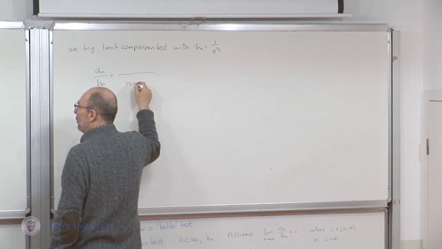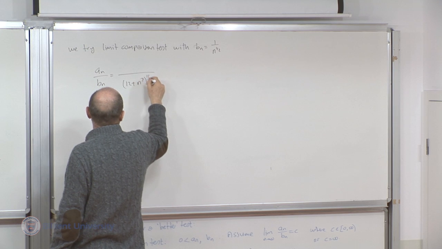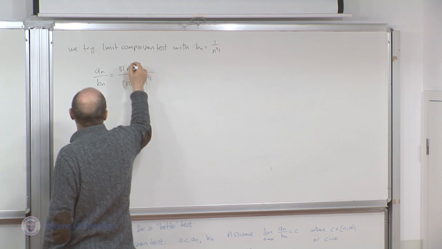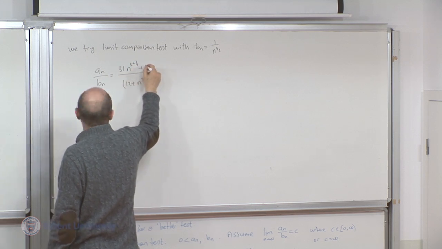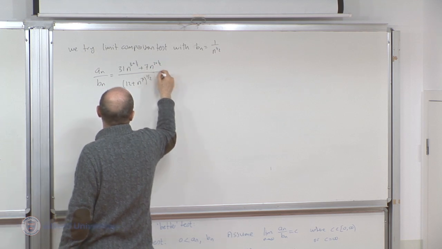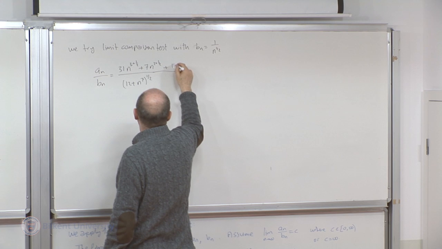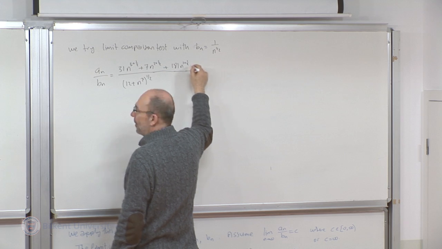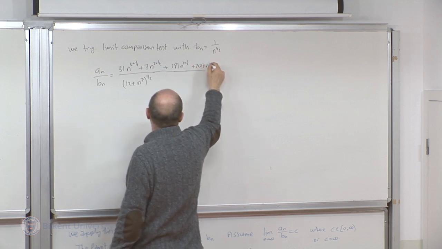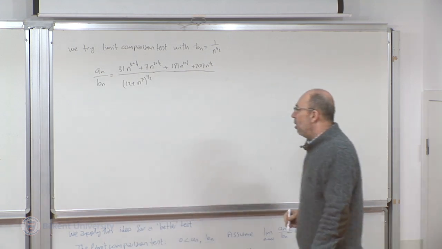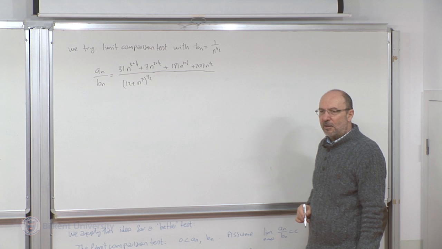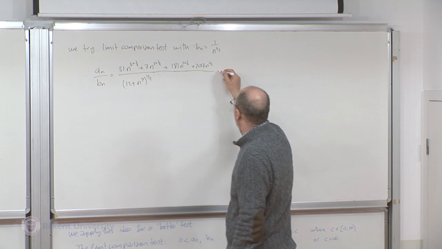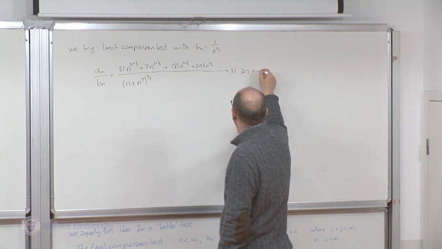This is square root of 12 plus n to the 7, and here we have 31 n to the 3 plus 1 over 2, plus 7 n to the 2 plus 1 over 2, plus 181 n to the 1 plus 1 over 2, plus 2017 times n to the 1 over 2. Okay, so you take the limit as n goes to infinity. You see that the limit is 31.